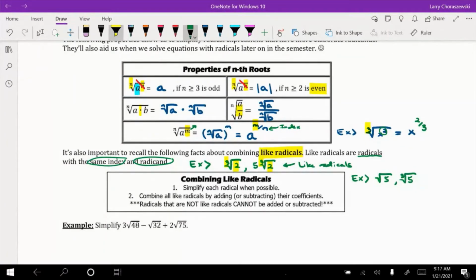Well, keep in mind that they have to have the same index, and the index of the first radical is a 2, right? When it's not written, the index is 2, whereas the index of the second radical is a 3. So these are not like radicals.